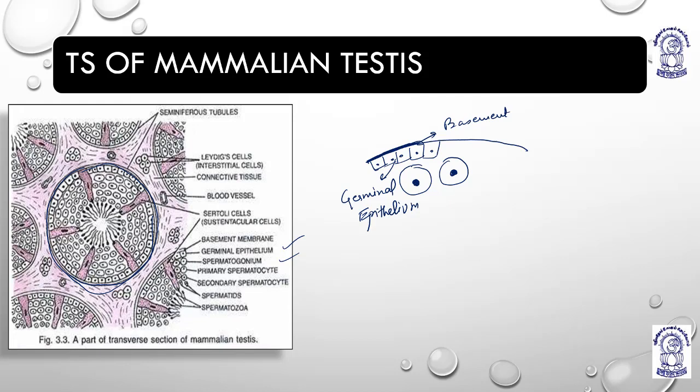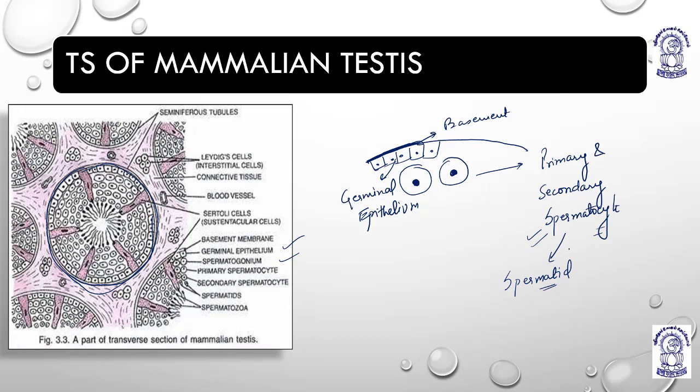These spermatogonia help to form primary and secondary spermatocytes. The primary spermatocyte forms the secondary spermatocyte, and the secondary spermatocyte forms the immature sperm, which is known as what? Spermatid. I will explain everything in detail when we study the spermatogenesis process.